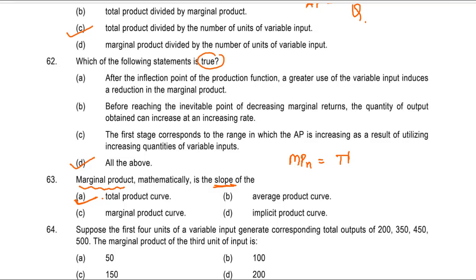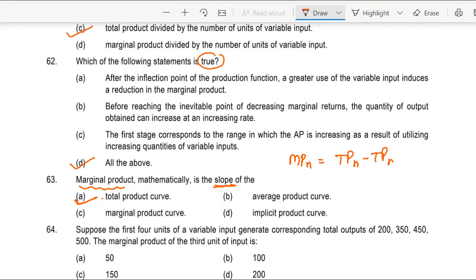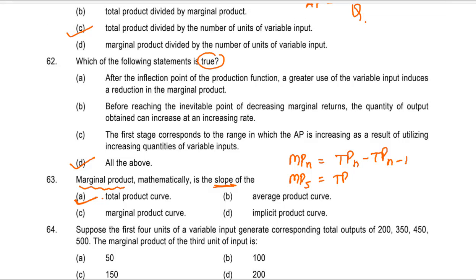Marginal product at nth unit equals total product n minus total product n minus 1. So marginal product at fifth unit equals total product 5 minus total product 5 minus 1. That is total product 5 minus total product 4, and accordingly you will get the answer.